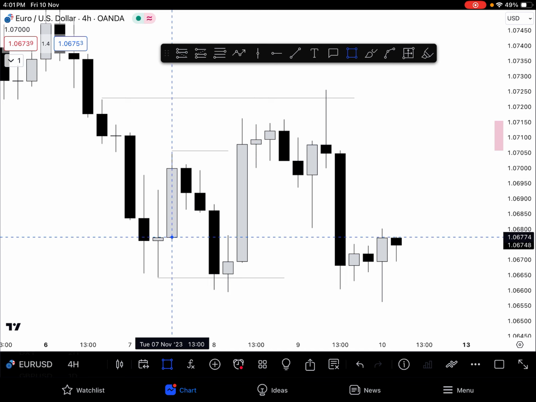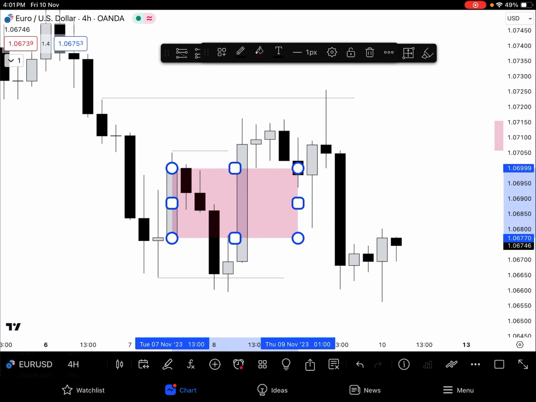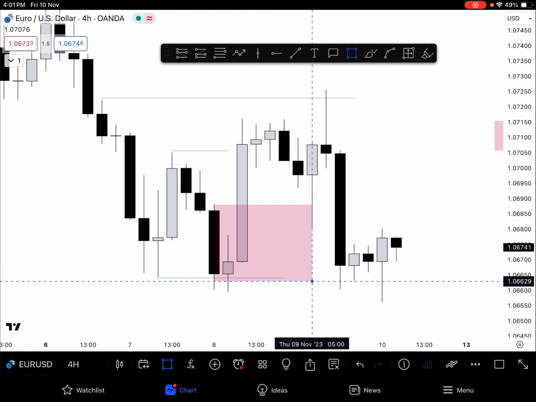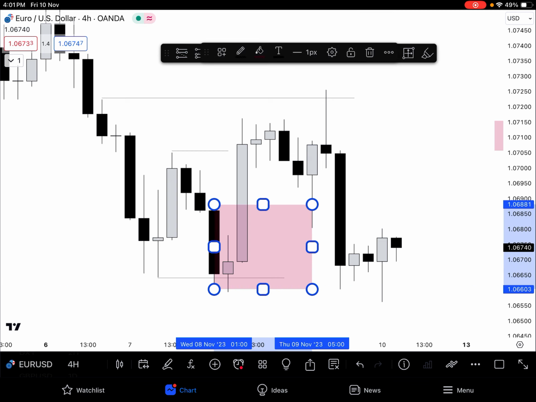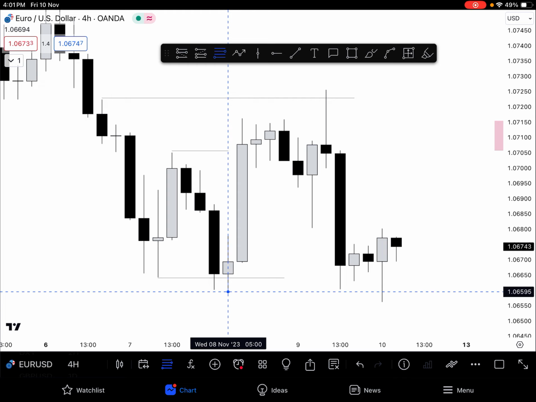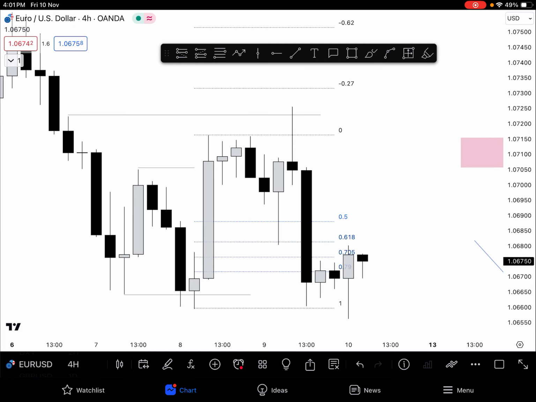There we go, we have a quote unquote breaker block, and also we have an order block, right? So what we can do is use a fib to mark the premium and discount. There we go, we got discount here, and in discount we have an order block.